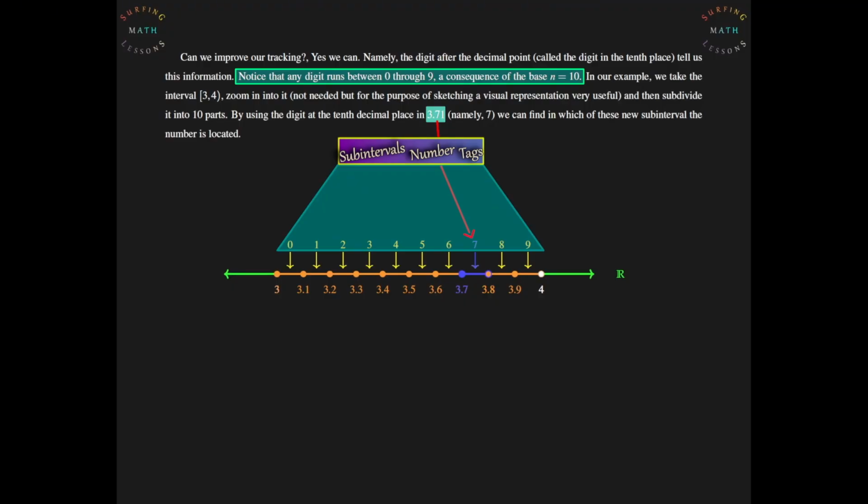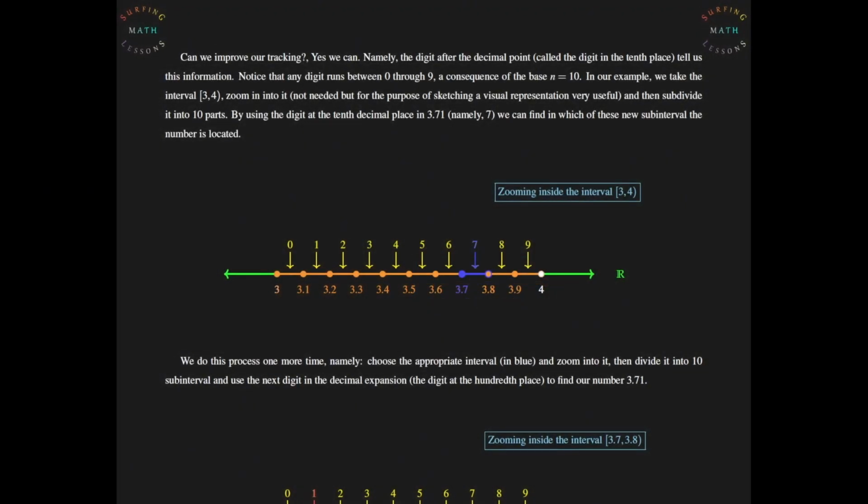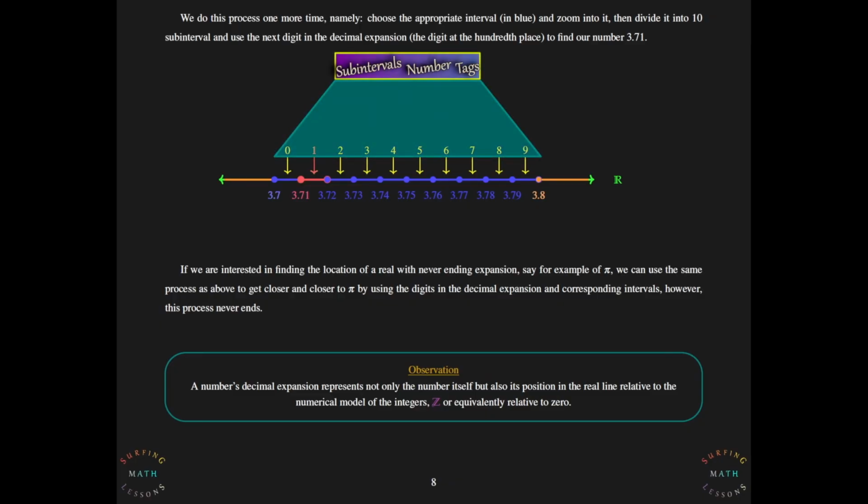We can still further improve our tracking by now considering the interval in blue, that is, the interval 3.7-3.8. We do this zooming process one more time, namely, take the interval 3.7-3.8, subdivided into 10 equally spaced subintervals, each of distance 0.01, and tag each of them using a digit between 0 and 9.